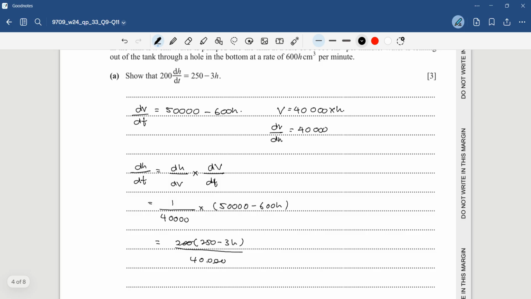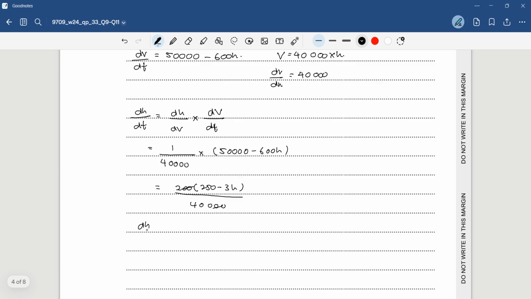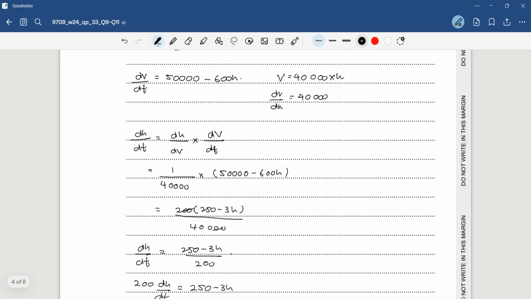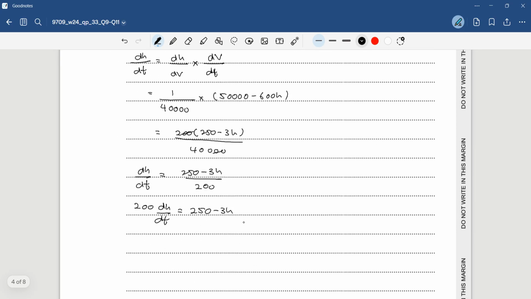So it will be 200. So here dh over dt will be 250 minus 3h over 200. Therefore 200 dh over dt equals 250 minus 3h. Okay, so it's shown.